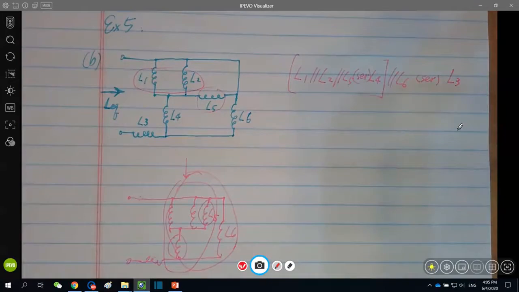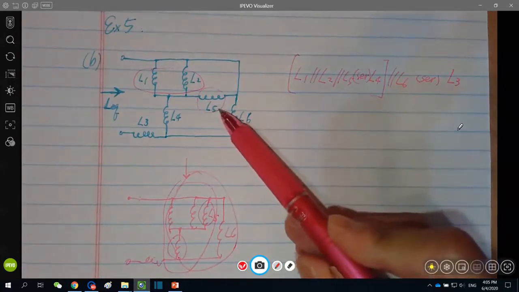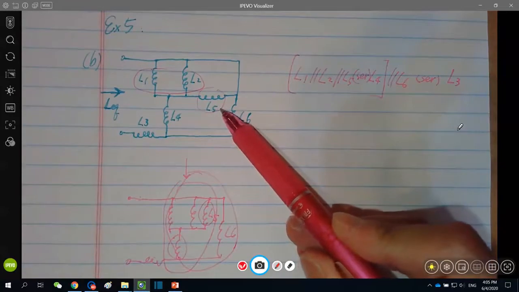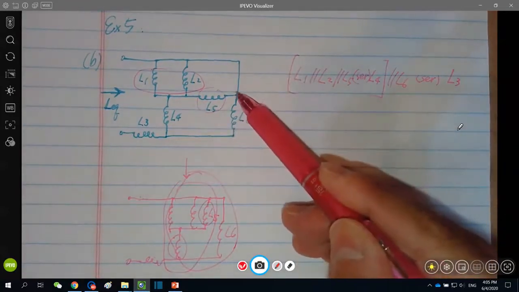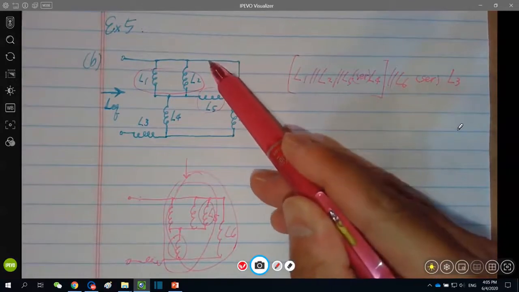This is the identification of series and parallel. We're not applying the combination rules yet, but we don't need to hurry about that. The identification is obviously much more important. Once again, we rotate L5 in the original circuit by 90 degrees. Pretty much this node of L5 goes up to here.